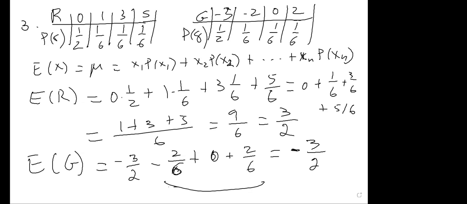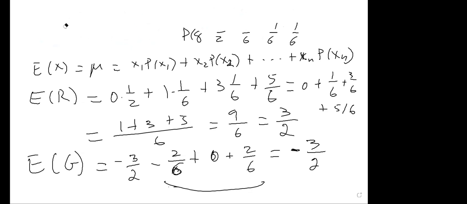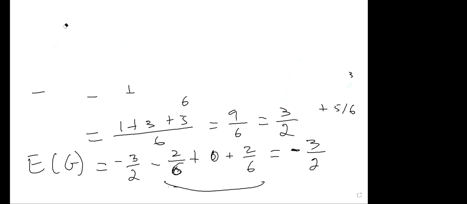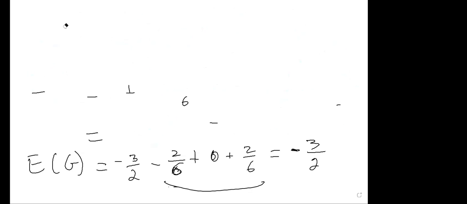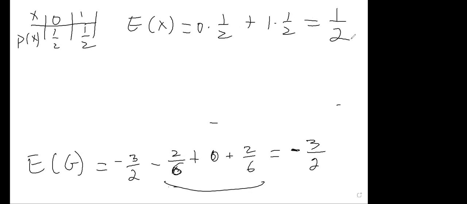So now let's look at the simple ones. I think if you understand this one, then you can understand all the other ones. The first one was the number of heads when you toss a coin. And we have 0, 1. Probability half. E of X will be 0 times half plus 1 times half, which equals half.